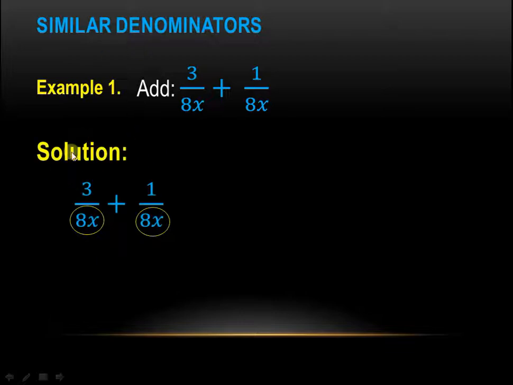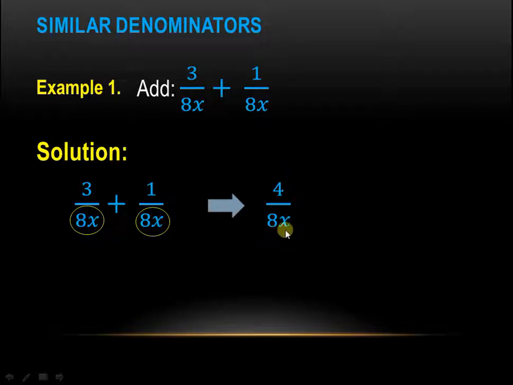As I mentioned a while ago, we have similar denominators. So if we have similar denominators, all we have to do is to focus now on the numerator and perform the operation. So this will be 3 plus 1. That gives us 4. And then all we need to do if the denominators are similar is to copy it.